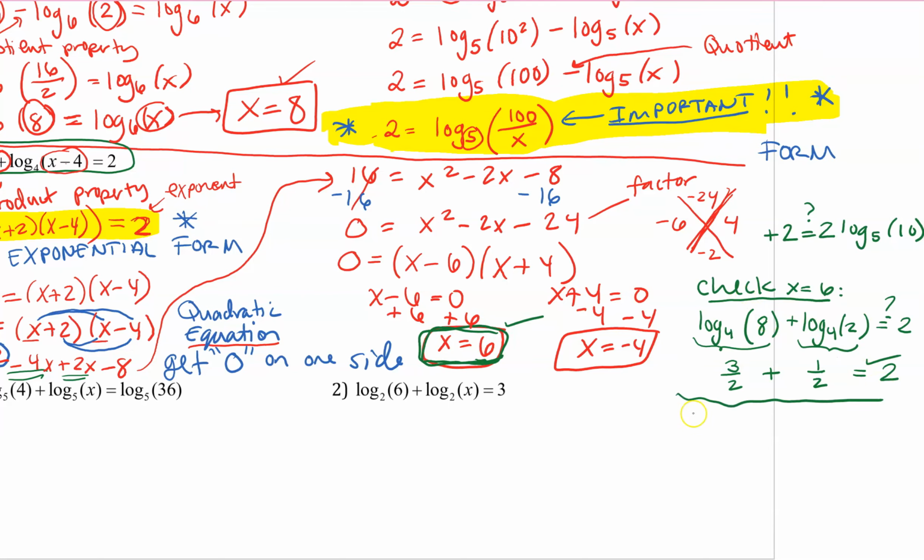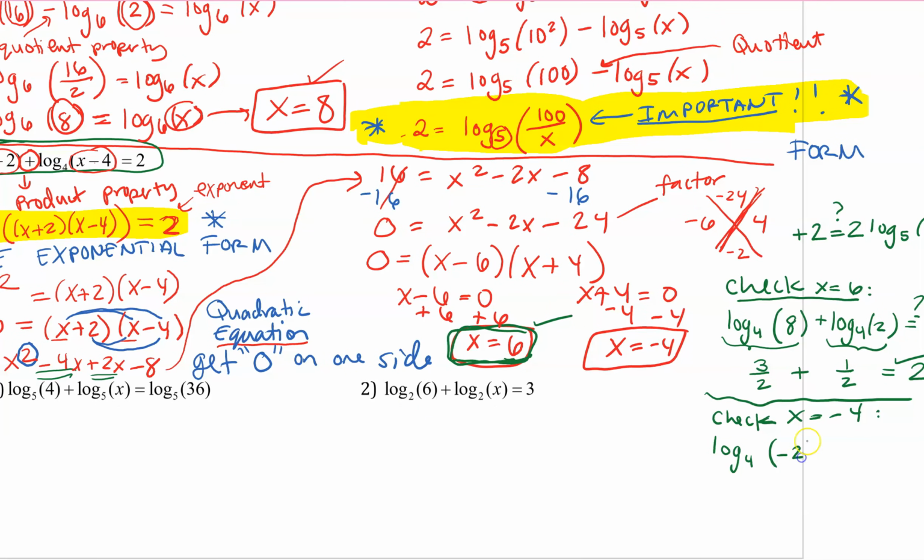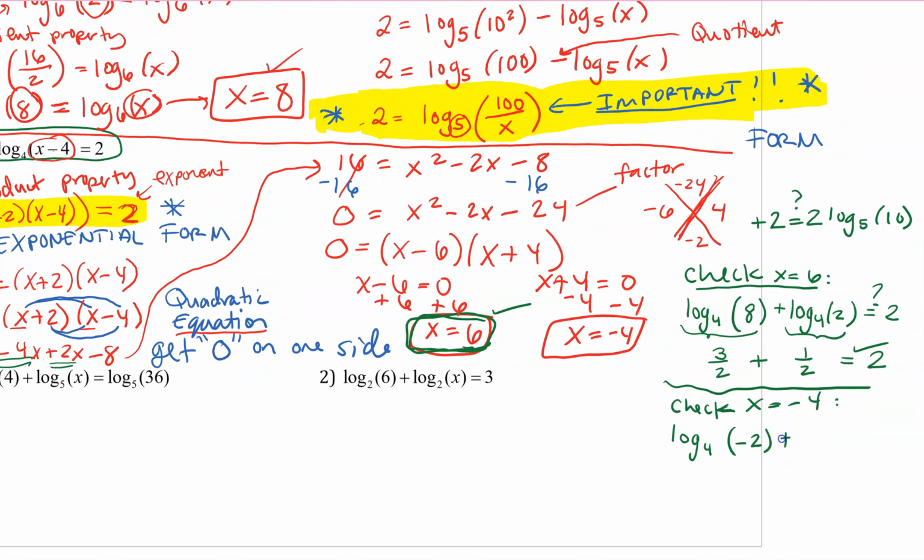But you can also check this on Desmos. Okay, and then now we're going to check x is equal to -4. Okay, and when I do that, I get log base 4 of -2 plus log base 4 of -8 is equal to 2.